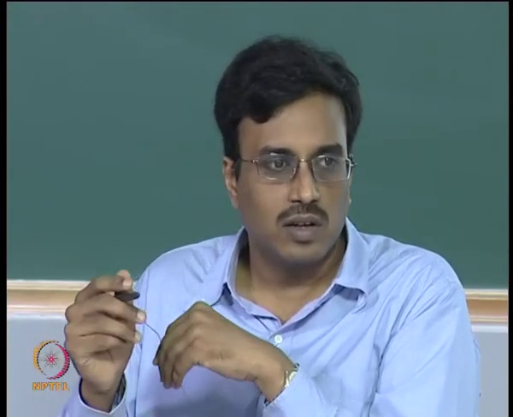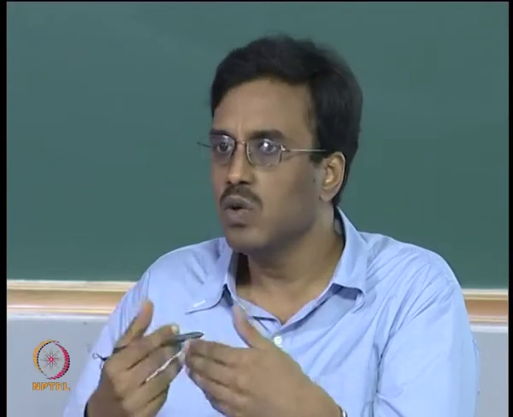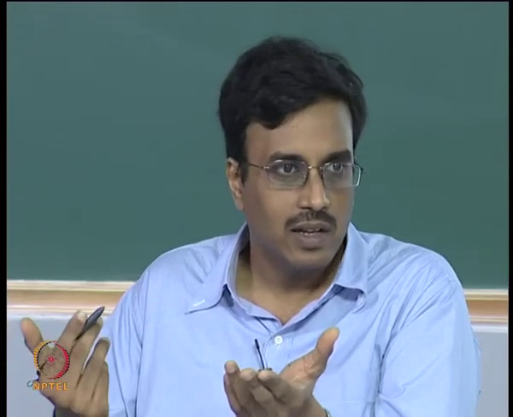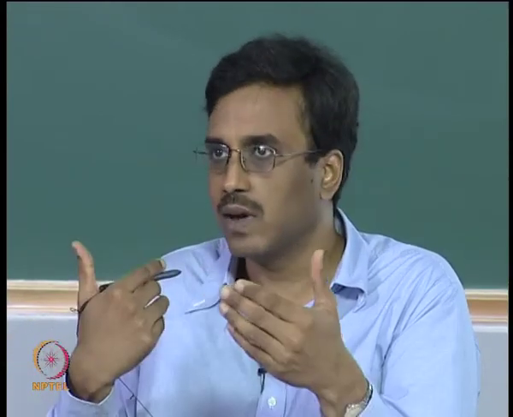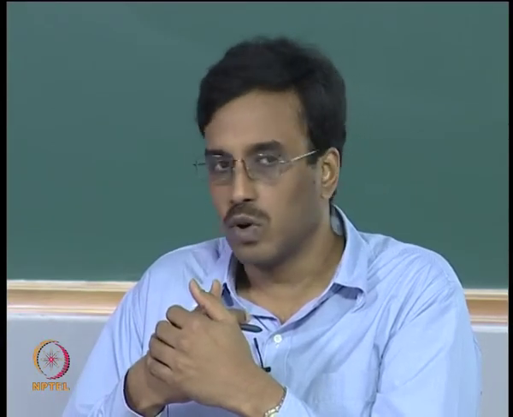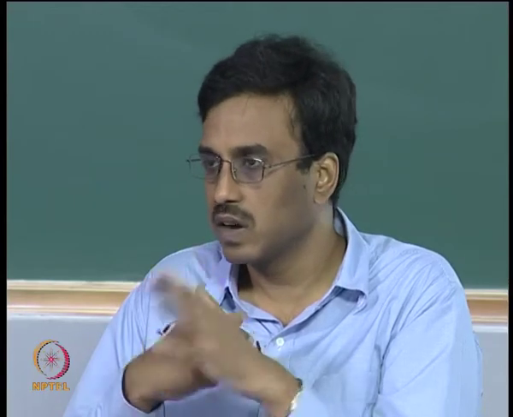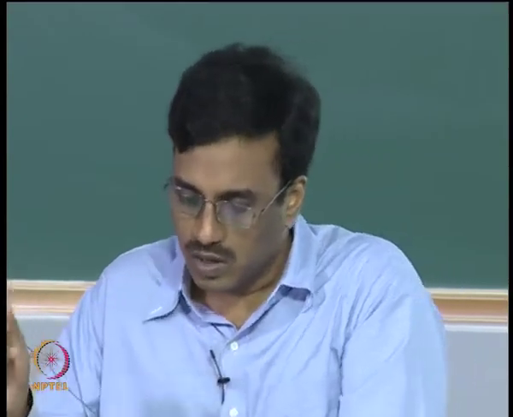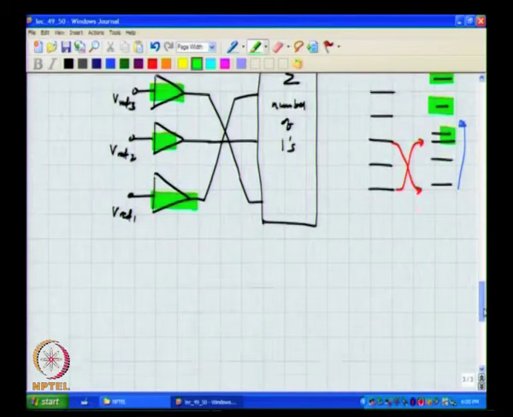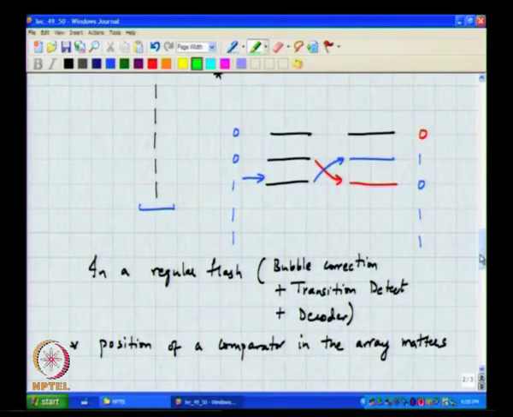Earlier, a small amount of offset was enough to cause this kind of problem. Now, even though you get DNL and INL, you can rest assured that even if you have large amounts of offset, there will not be any non-monotonicity in the quantizer. Does it make sense?